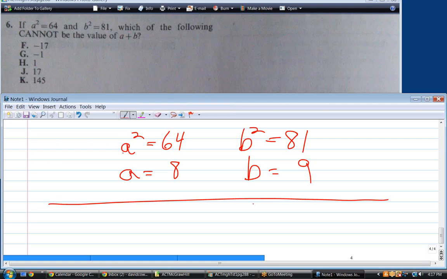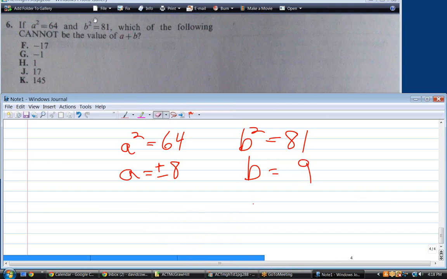So let's go back and answer again, what is A? Is it 8 or is it plus or minus 8? Could it be -8? It's plus or minus. In other words, if I square -8, I get 64. So -8 is a possible answer.